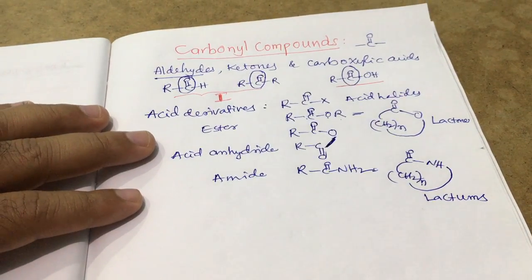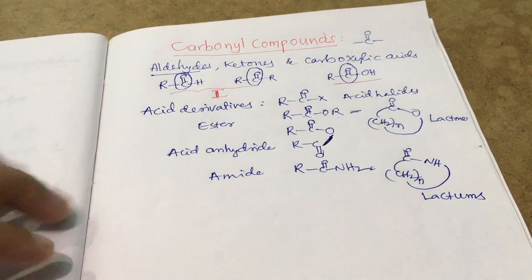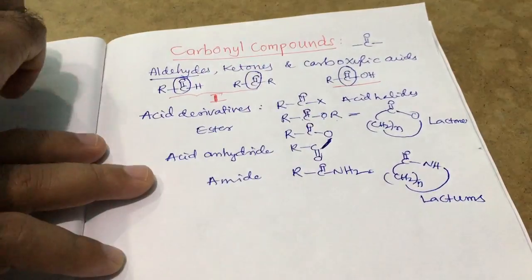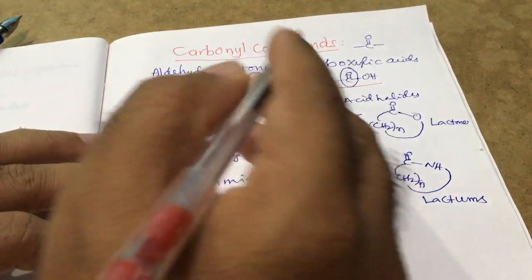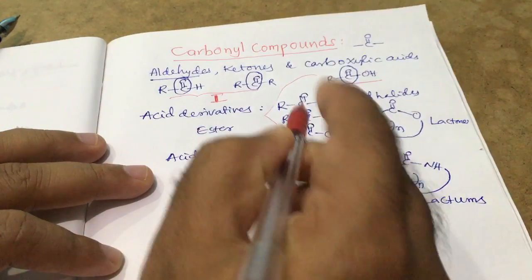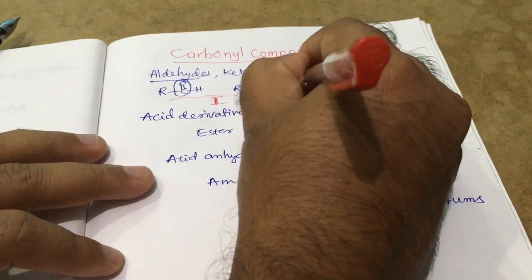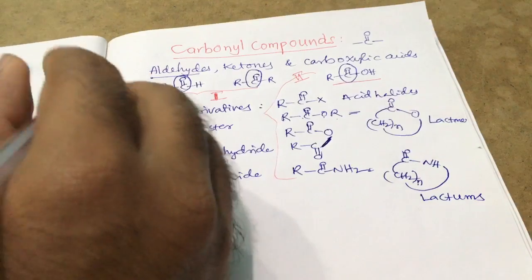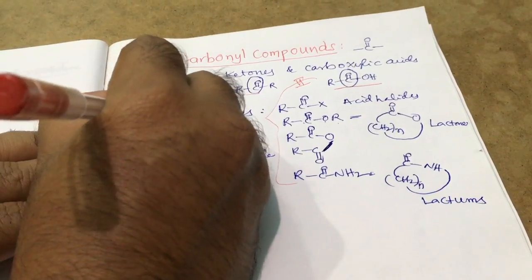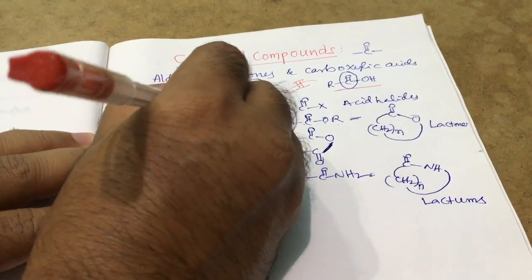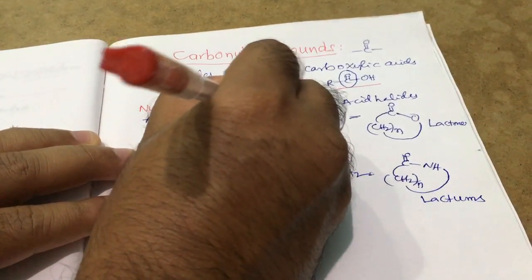All these are carbonyl compounds which have the C=O group. These are type 1, the first two, that is aldehyde and ketone, and carboxylic acid, and all these are considered type 2. Type 1 undergo nucleophilic addition reaction.